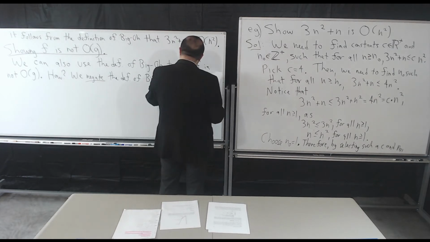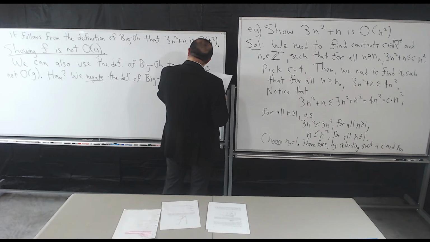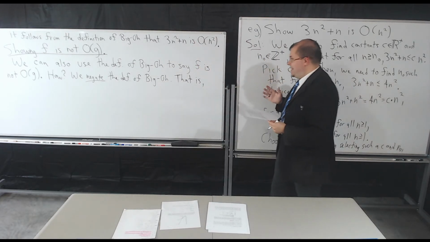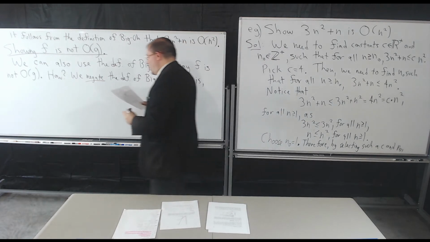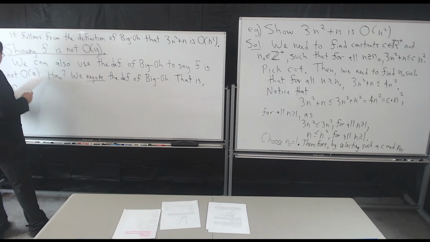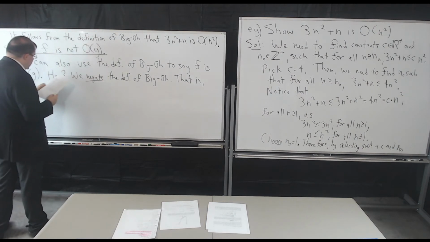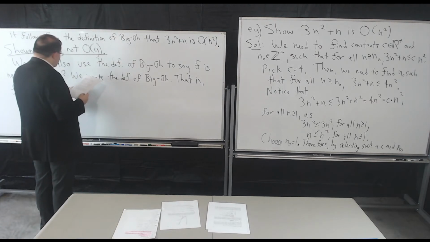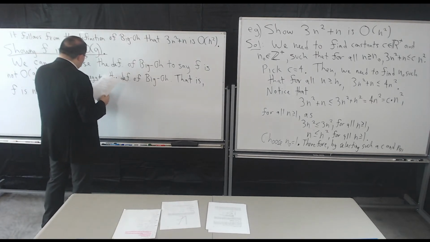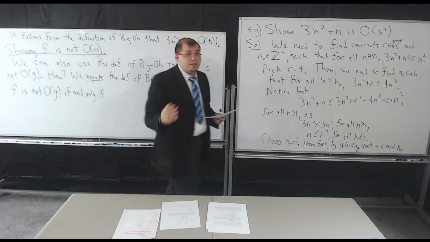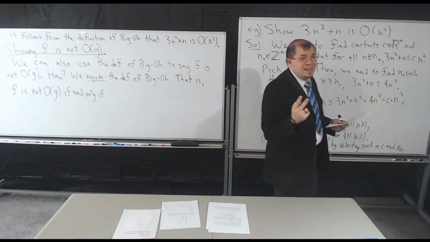So I'm going to write down the negation. Now, don't let this thing scare you. It's a little bit of the dreaded M word. Don't let it. It's not too bad. So, F is not big O of G if and only if... Now, in my original definition, I had to find two constants, C and N0.